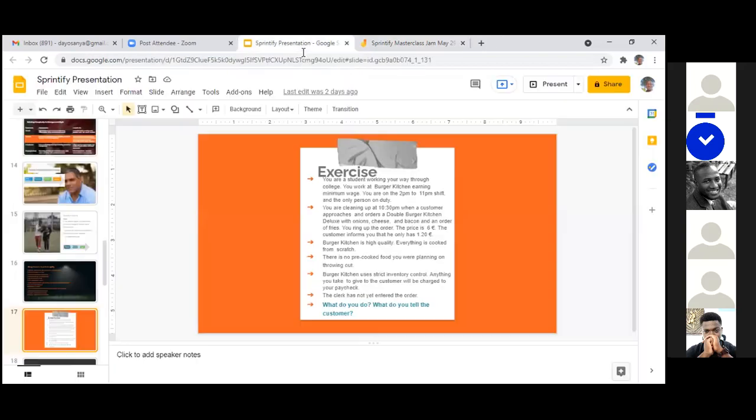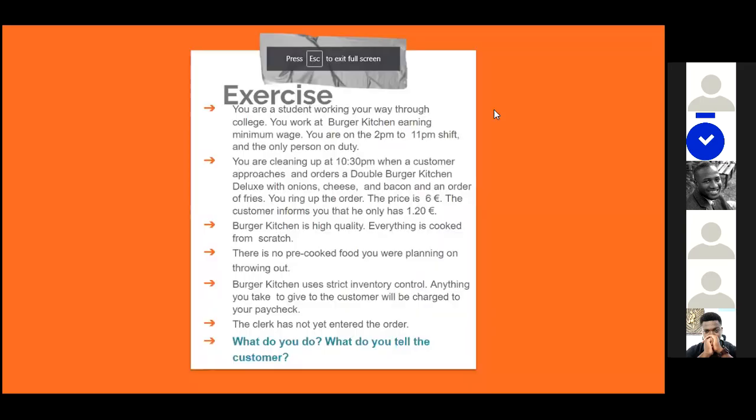The only scenario where I find myself selling it to the person is if I'll be charged for throwing it away. So rather than losing out on the entire money, I'll make do with what he has to offer and take it as my loss. But it teaches me a lesson to be more careful next time to ensure that whoever is coming in is well informed about the pricing before we embark on the cooking.